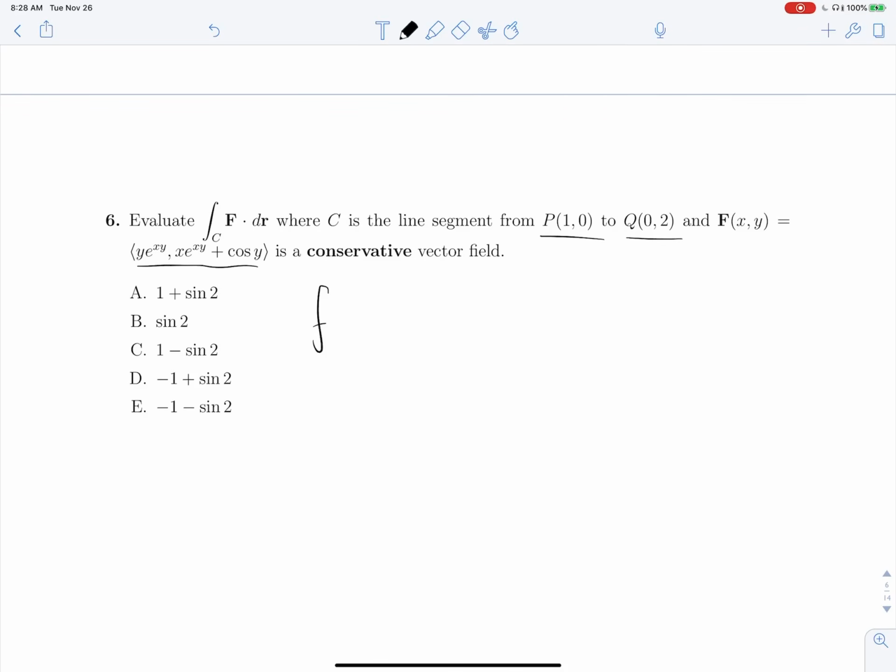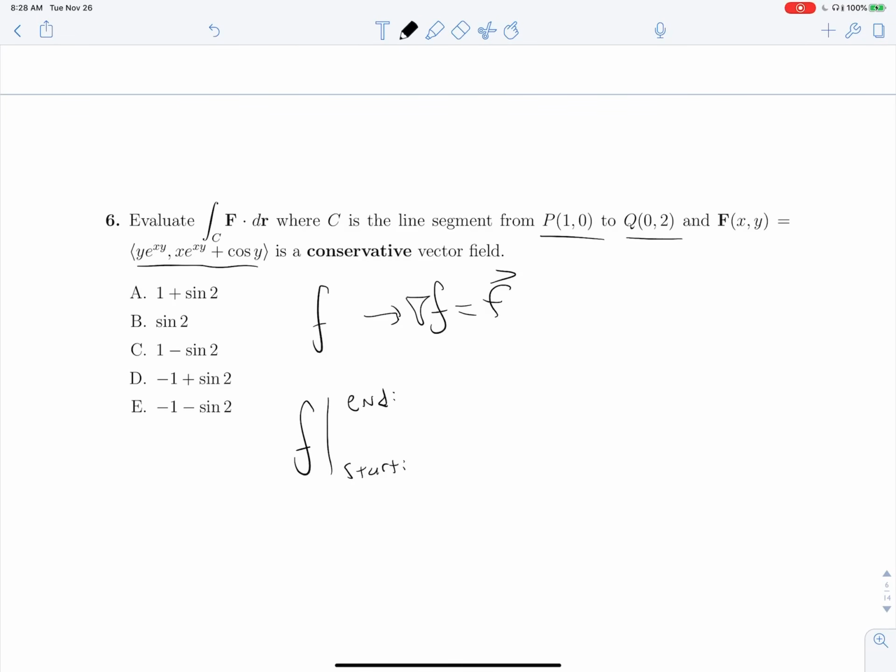And we know that if we find this potential function f where the gradient of f is our vector field F, we can evaluate f on our endpoint and our start point, subtracting our start from our end, and we will get our answer.